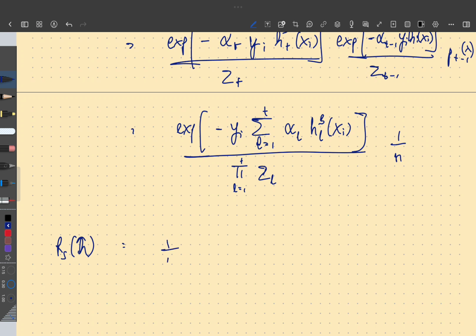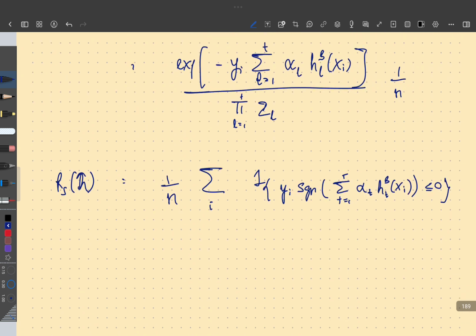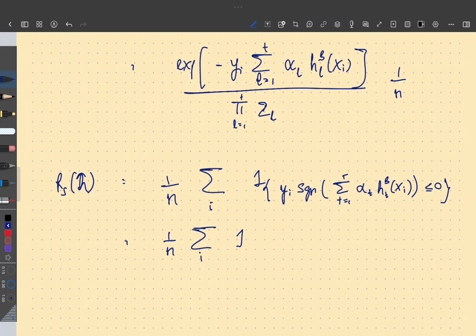So RS of H hat is basically 1 by n summation over all i indicator yi times sign of summation little t equal to 1 to capital T alpha t h_t^b of xi is less than 0 or less than or equal to 0, which is the same as 1 by n summation over all i indicator yi times summation t equal to 1 to capital T alpha t h_t^b of xi less than or equal to 0.